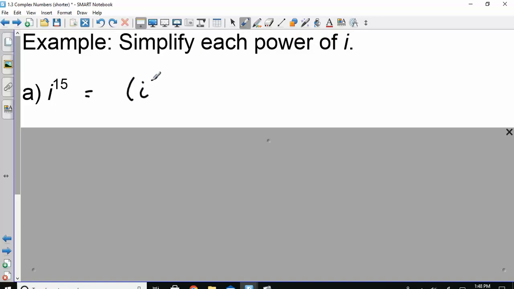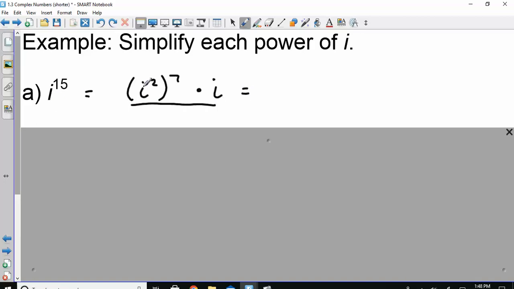We want to break this up using i squared. If you have 15, how many groups of 2 can you make? 7. Okay, 2 times 7, that's 14 of them. We still have 1 left, so I still have an i remaining. Do you see that this is equivalent to i to the 15th power?